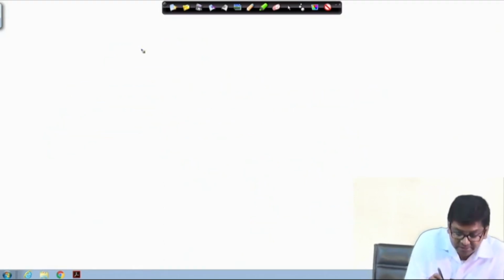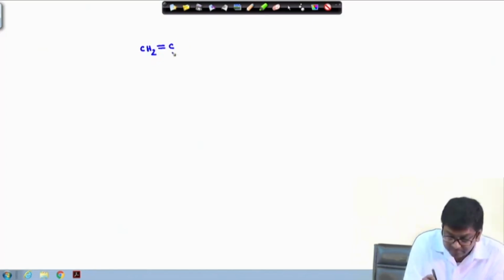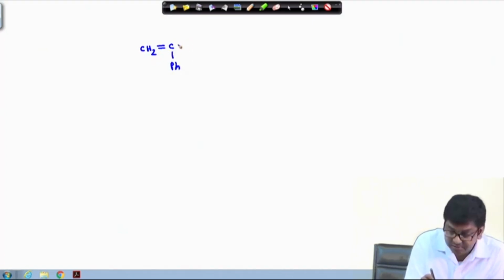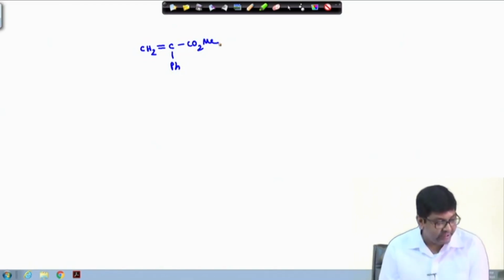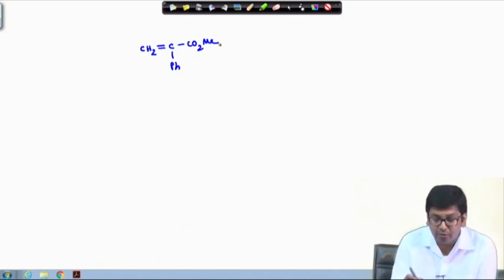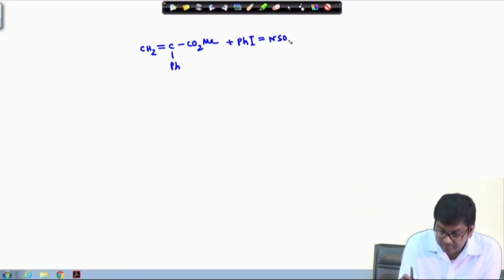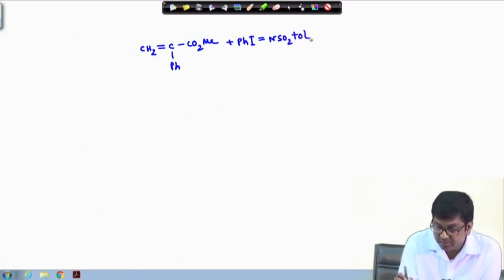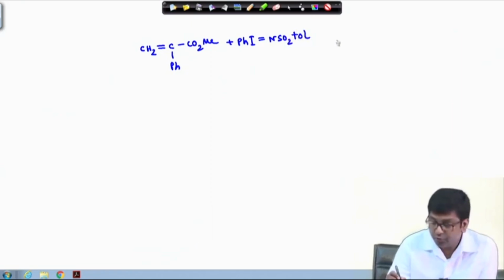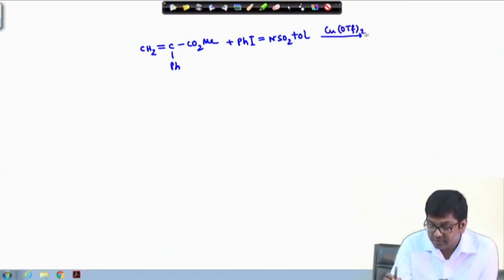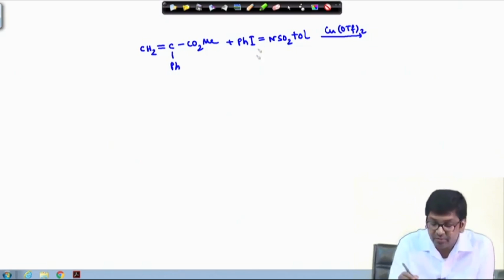As per example, if we take this terminal olefin, and if we take this aryl sulfonyl iminoiodinane, this is the para-toluenesulfonyl, in presence of copper triflate, the corresponding nitrene will generate from this one.